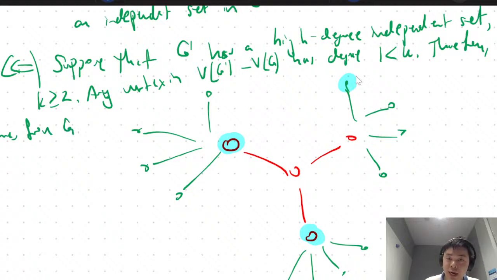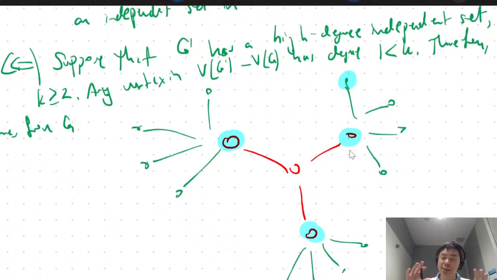So you can't pick this vertex, so therefore it must be this vertex that we ended up picking. And because G prime has a high degree independent set, and the vertices that we use from G prime actually come from G, that implies that G itself has an independent set.